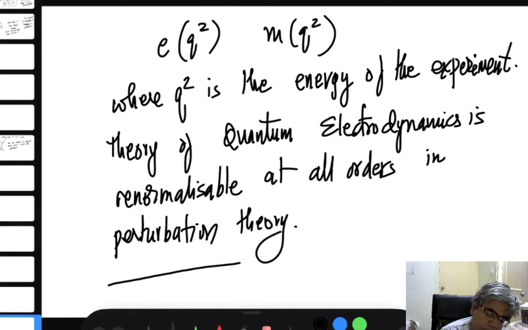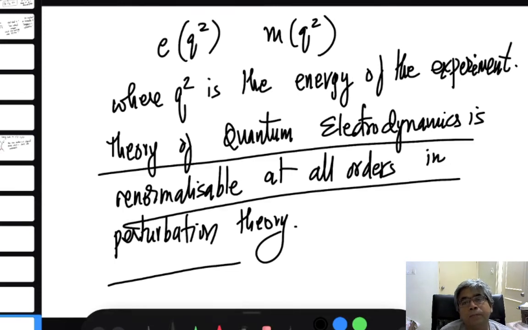This is a much more complicated, very strong statement, which tells you that you can test QED at every order in perturbation theory. You can really compute at infinite order in perturbation theory in QED. Essentially, order by order, you can compute.